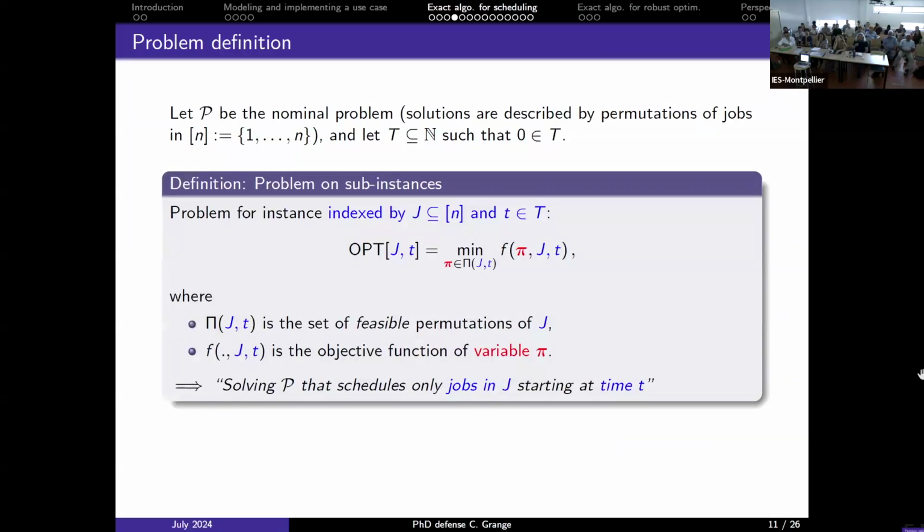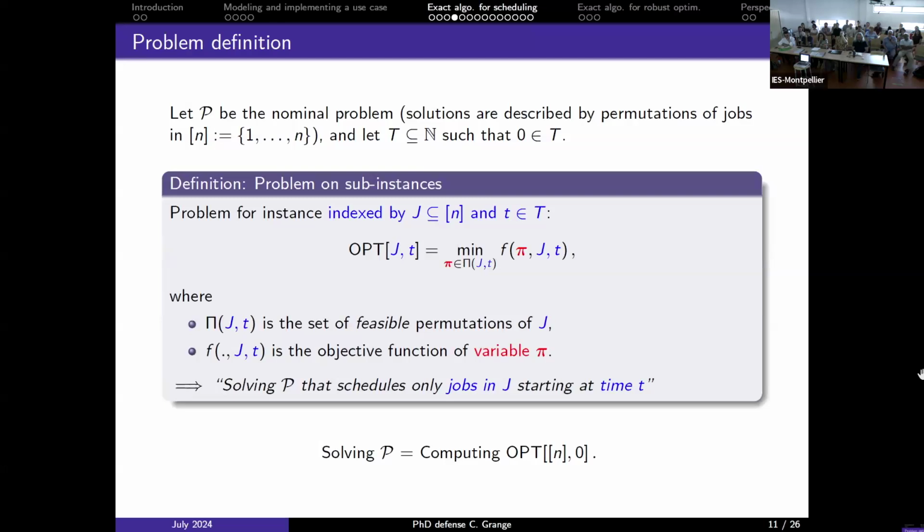The first one is J, a set of jobs, and the second one is a starting time T. So I note opt of J and T the optimal value of my initial problem, where I only schedule jobs in J and where I start my scheduling at time T. Okay, so saying that, it results that solving my initial problem is exactly finding the optimal value, scheduling all jobs in N and starting at time 0. So I want to compute opt of N and 0 to solve my initial problem P.